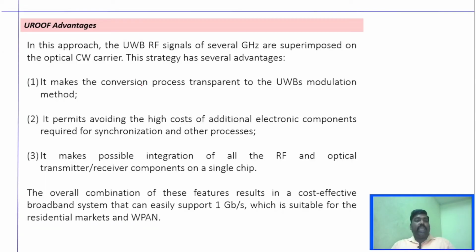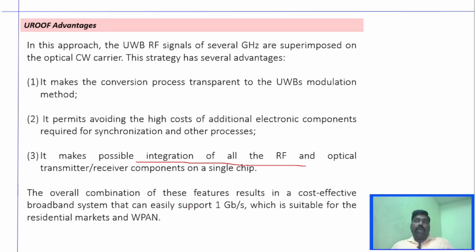It makes the conversion process transparent to the UWB modulation method and also avoids the high cost of additional electronic components required for synchronization and other processes. It makes possible the integration of all RF and optical transmitter components on a single chip, right?